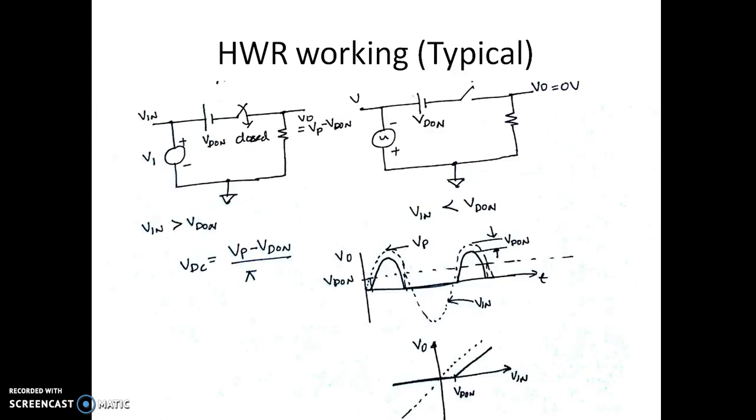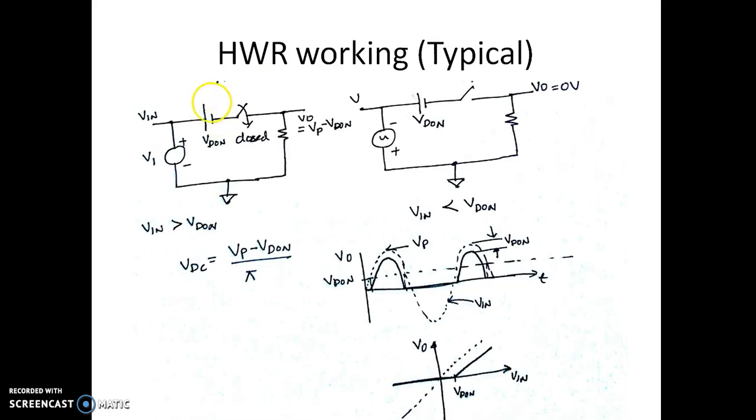Let us see the working of a half-wave rectifier in a typical case. In a typical case, the diode will not be an ideal diode. So we'll be considering a cut-in voltage of VD on, which will usually be 0.6 to 0.7 volts. When the input voltage is more than VD on, this switch will be closed.